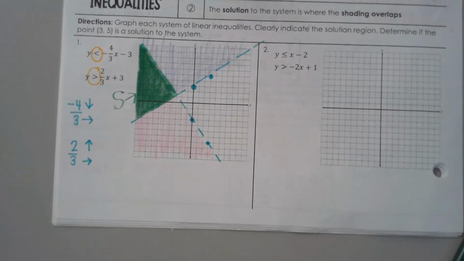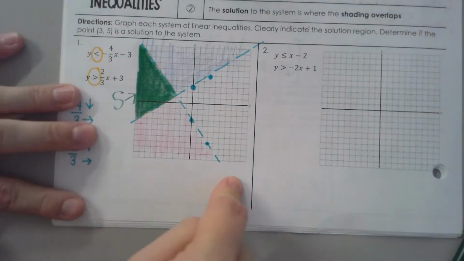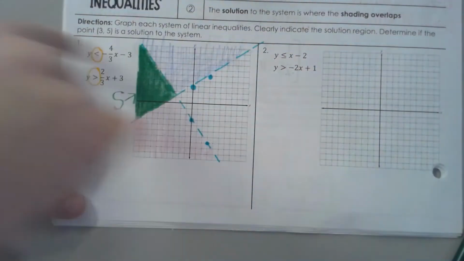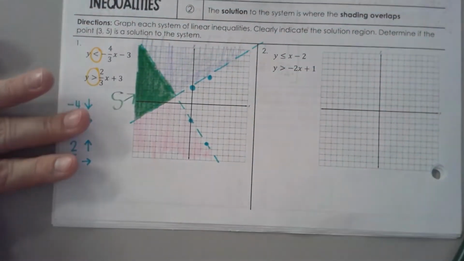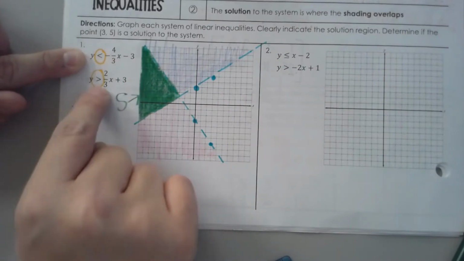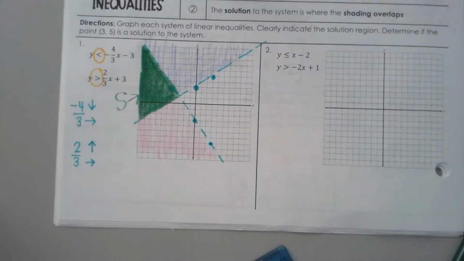What that means is that any point in that green shaded region would be a solution. Because these are both dashed lines, if I picked a point on one of the dashed lines, it would actually be a no, because that would be an example where I got two equal numbers, but the less than does not include the equal to part. So that's why we have a dashed or maybe a solid line.